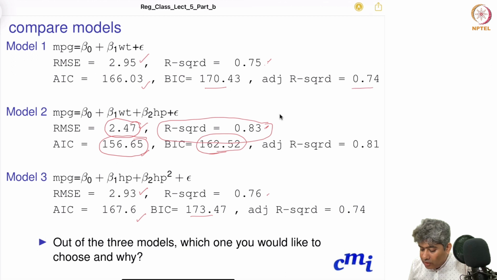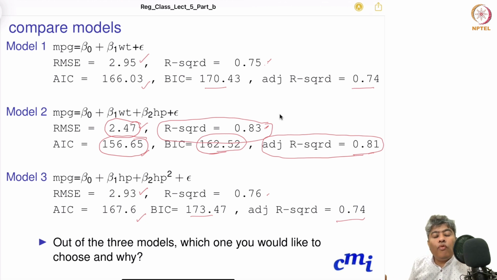Out of the three values, 0.74, 0.81 and 0.74, 0.81 is the highest, so we choose model 2. So based on all five metrics, model 2 is better than model 1 and model 3. That is how we generally choose the best model out of all the models that we are considering in our basket of models.